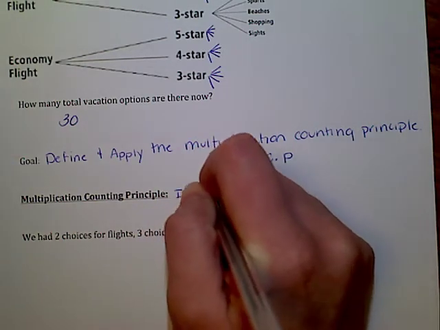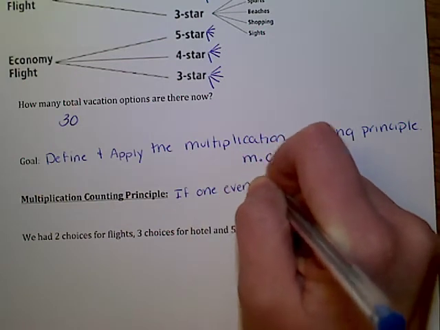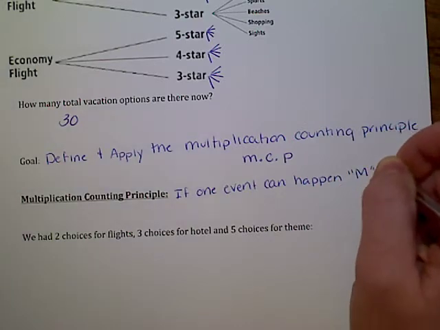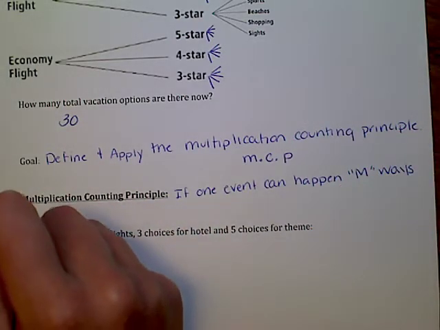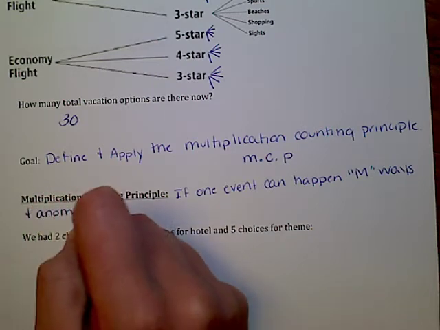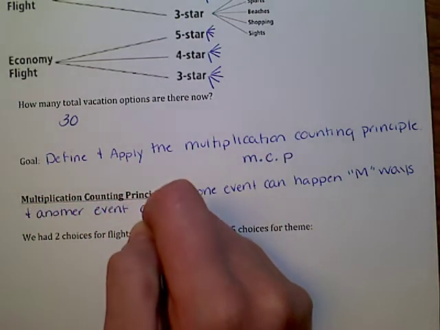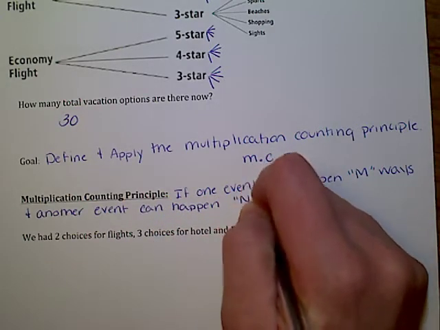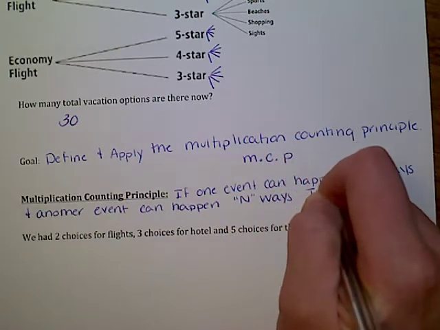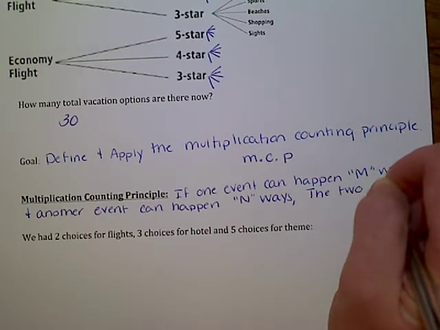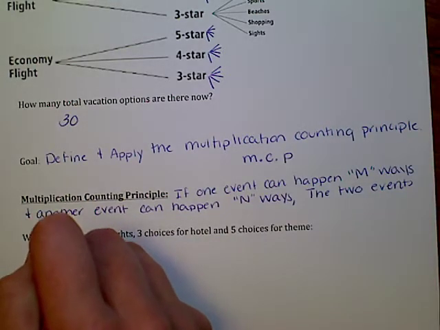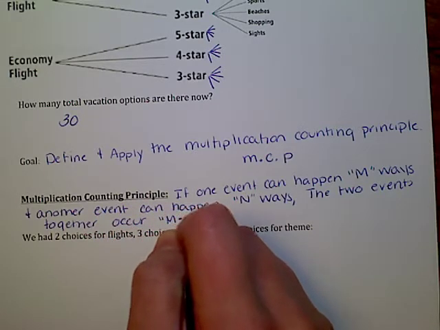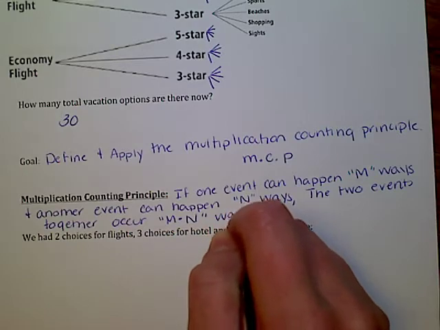If one event can happen M ways, and that's just a placeholder, and another event can happen N ways, the 2 events together occur M times N ways.